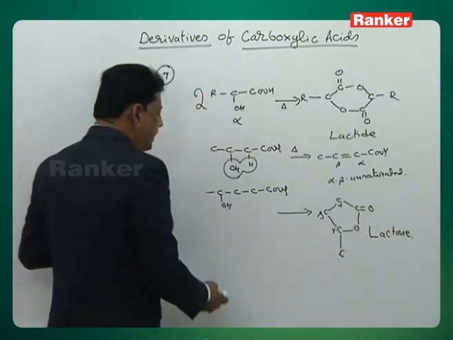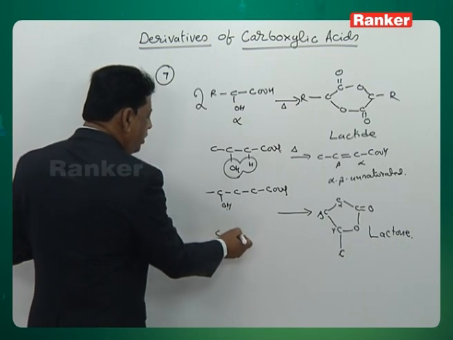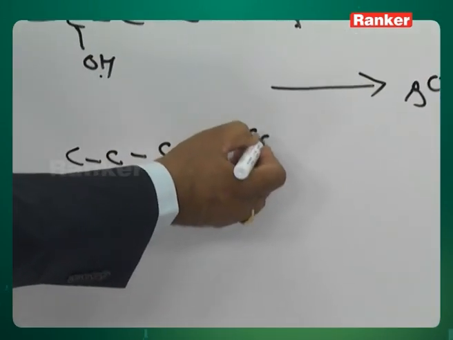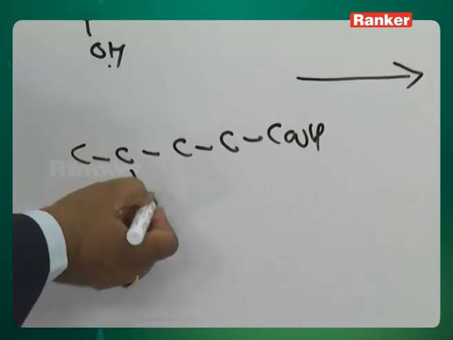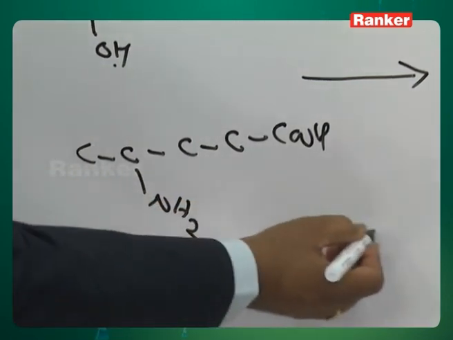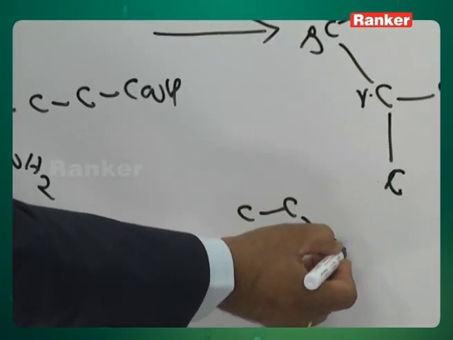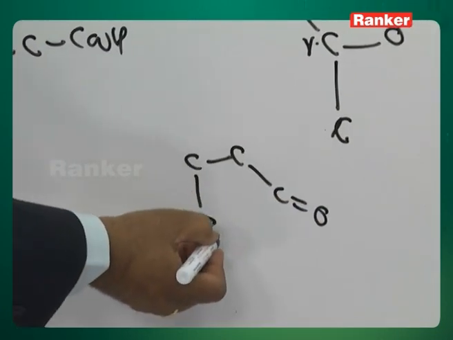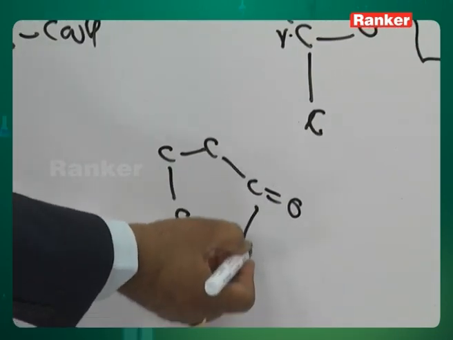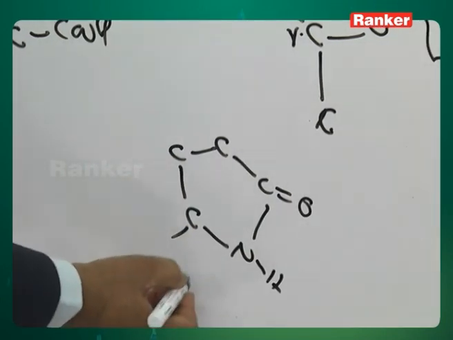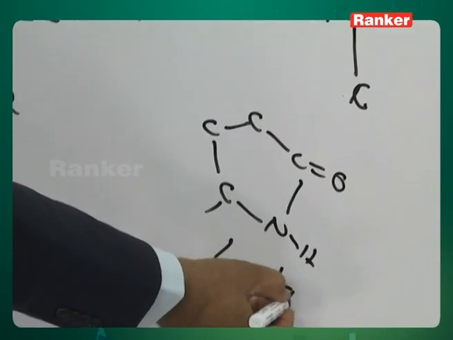A similar type of reaction occurs with amino acids also. When the amino group is at the gamma position, you will get cyclic amides. They are called lactams.